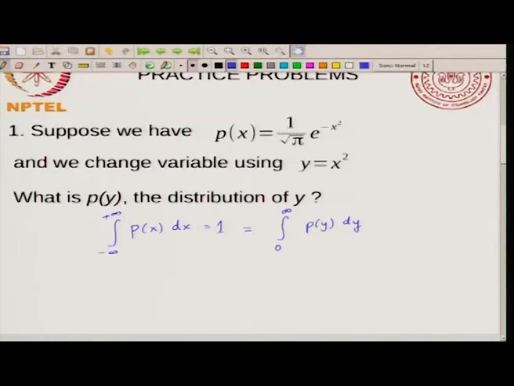When we make this transformation, you have to satisfy this condition. So, we choose a transformation that satisfies p of x dx equal to p of y dy. From this you can show that p of y equals p of x into dx by dy, and I can write this as p of x divided by dy by dx.